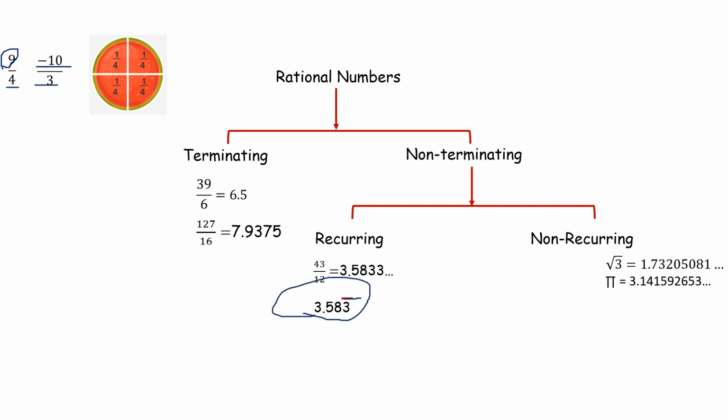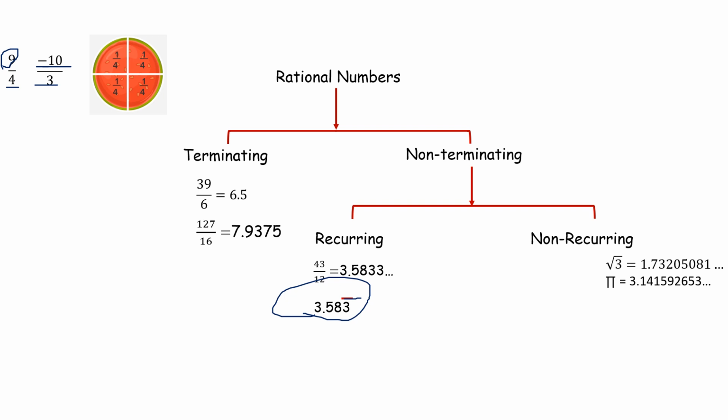Now, a non-recurring number is root 3. If we calculate the value of root 3, it goes on increasing after the decimal point. Similarly, if we calculate the value of pi, it also goes on increasing. So these are not terminating numbers and not recurring as well.